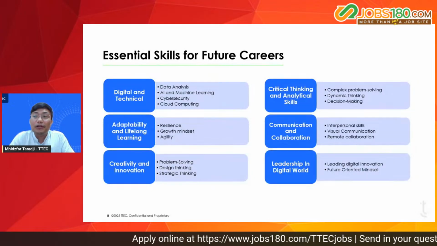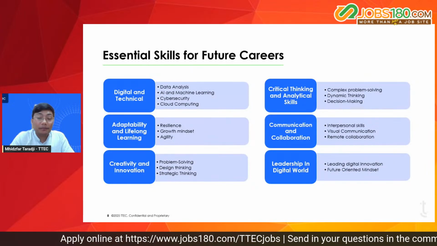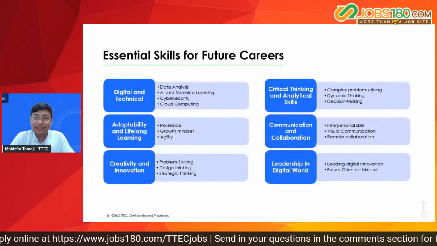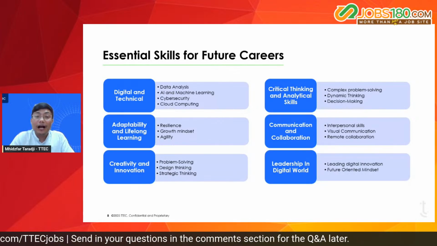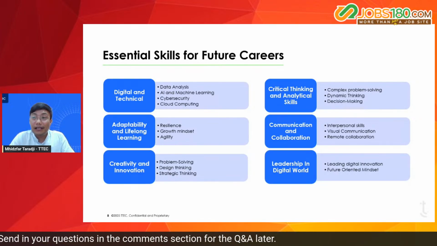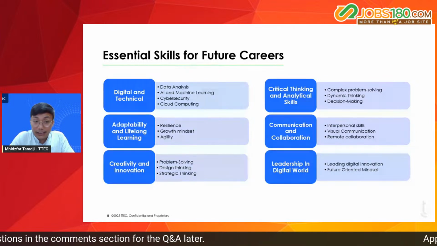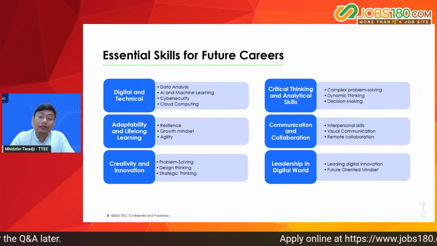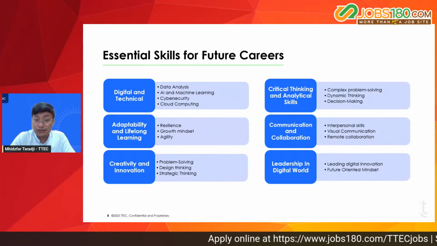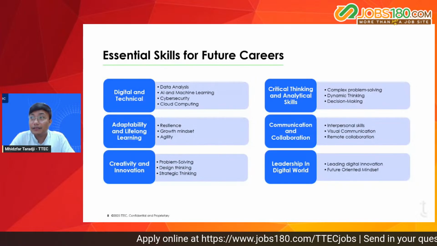This is more about problem solving, design thinking, strategic thinking. It's more about how creative you are. I know generations right now are very creative, which you can really utilize once you start working in the future.